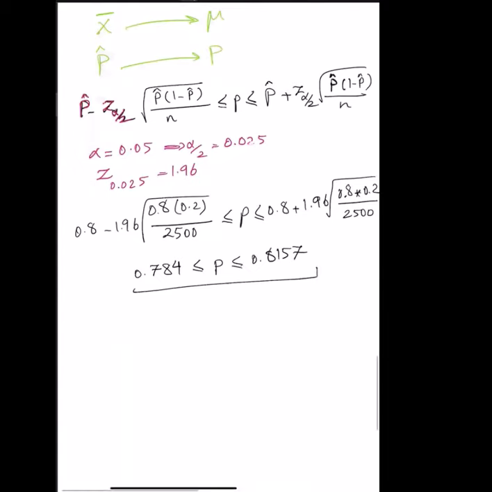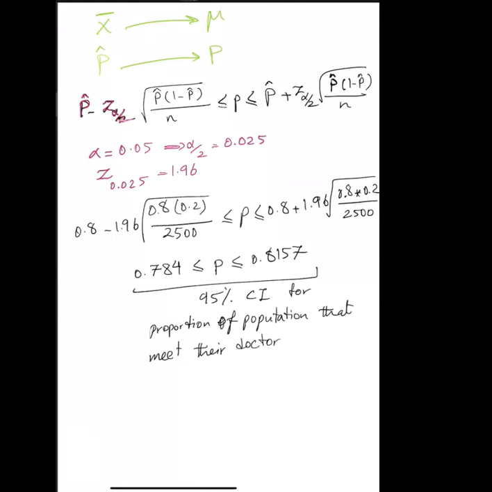So this is a 95% confidence interval for the proportion of the population that meet their doctor regularly.